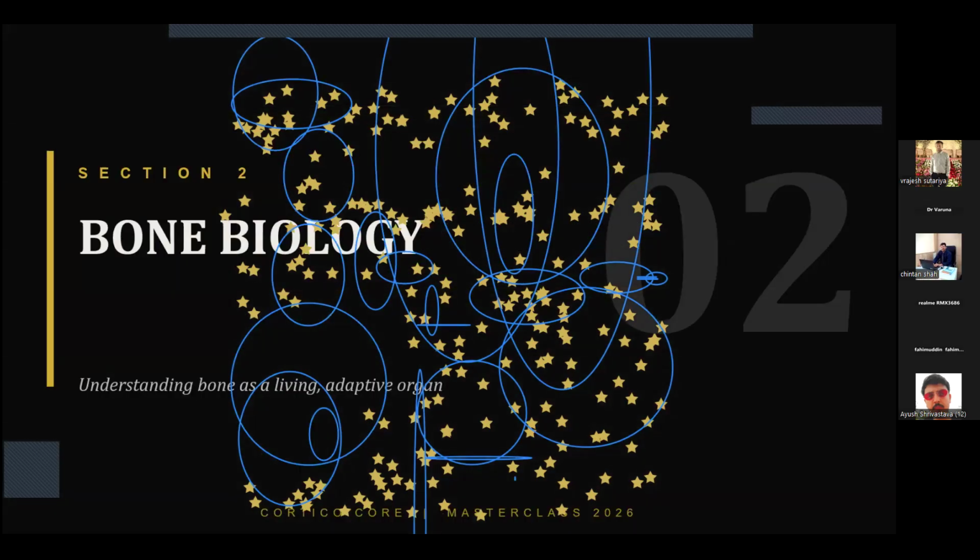Someone is drawing these lines and stars over the screen. Please remove these. Sudhir sir, can you stop this line drawing and stars on the screen?